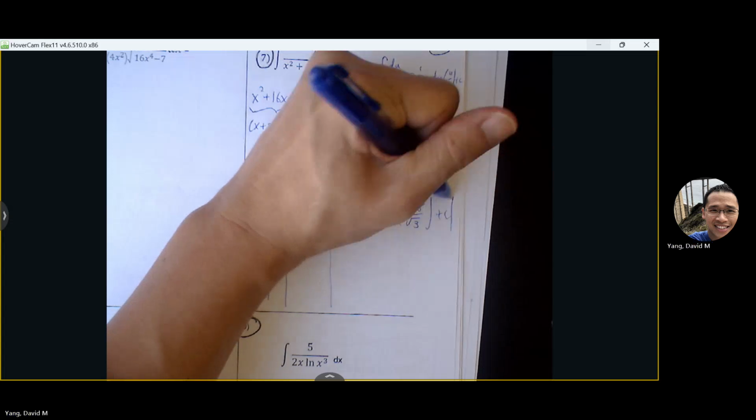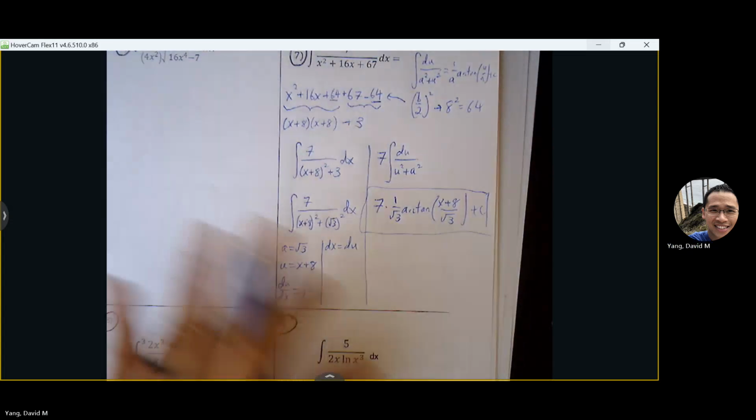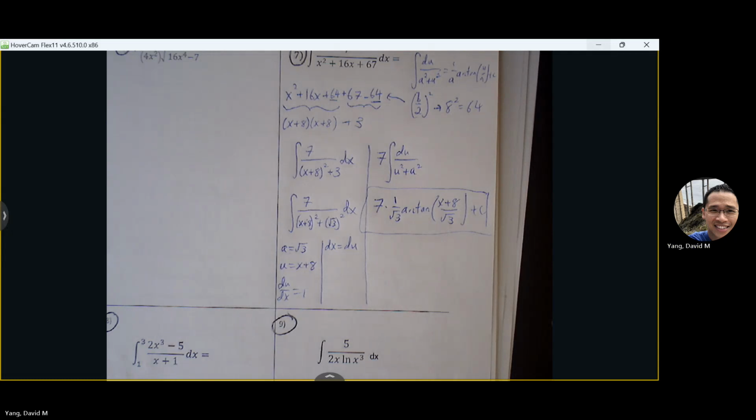You don't have to rationalize your denominator. Radical in the denominator is fine. AP College Board as well, they won't care if you have radicals in the denominator.